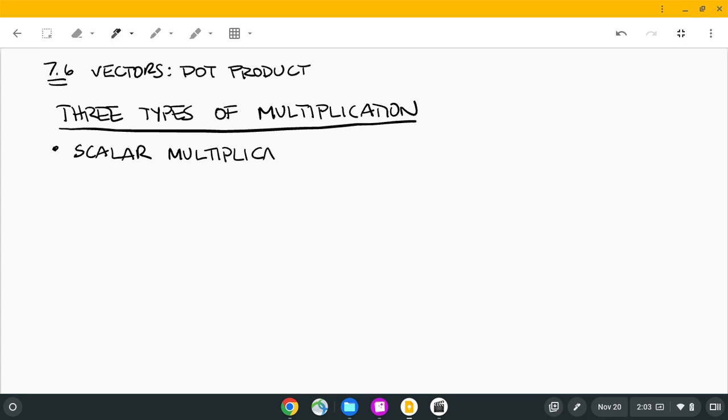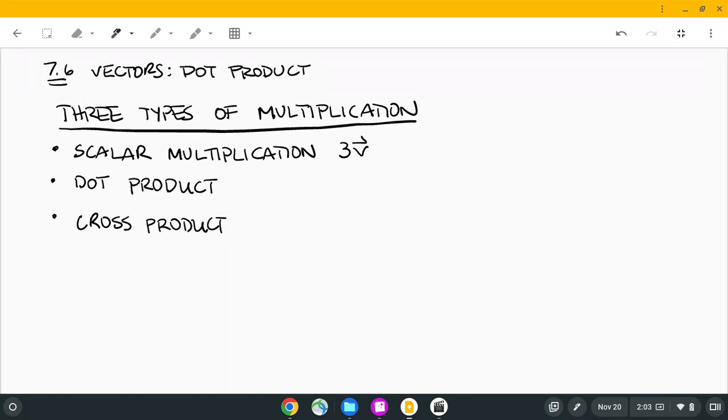And then here we're going to take a look at the dot product, and this is going to be defined for you in a second. And then we also have the cross product, and we will not be covering this one.